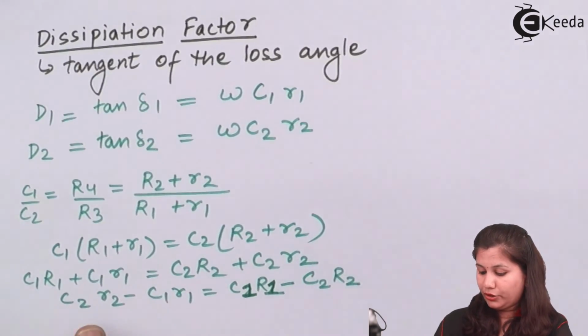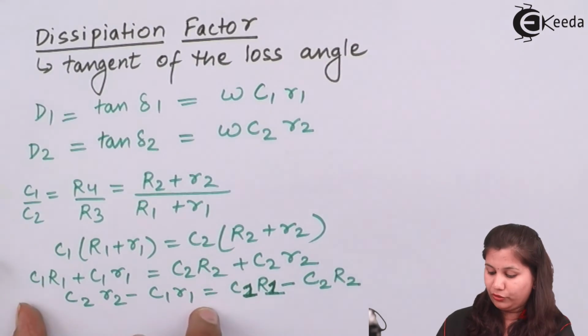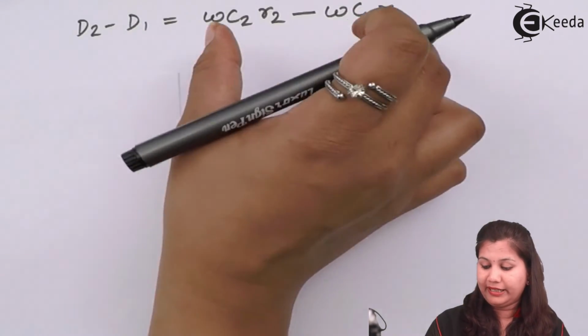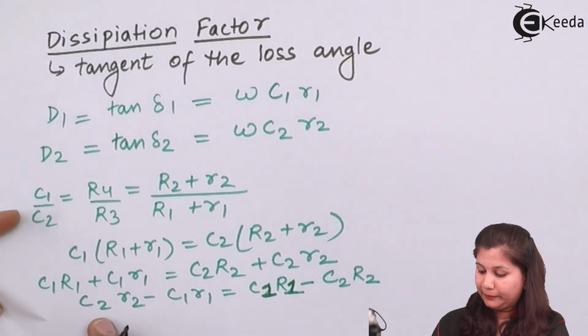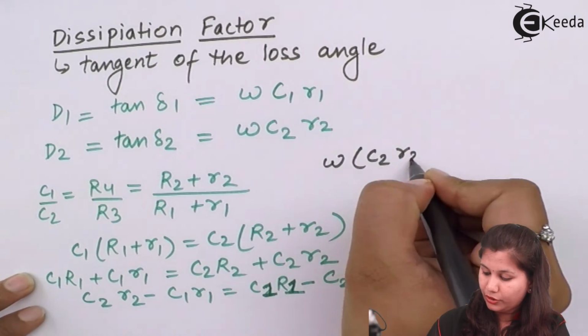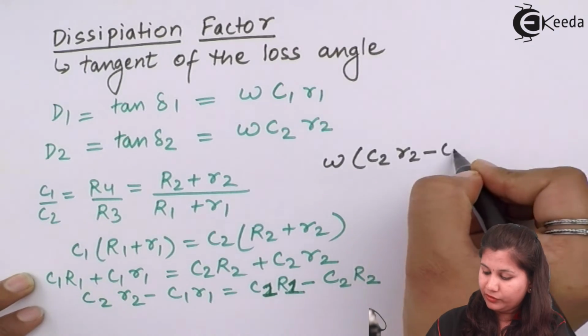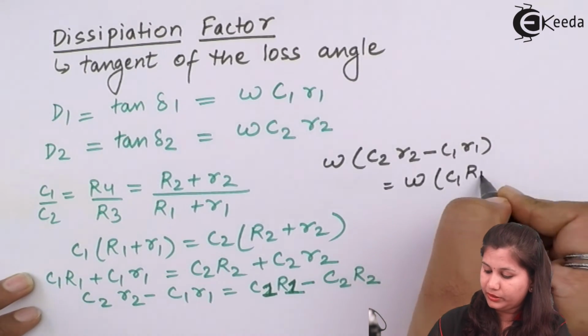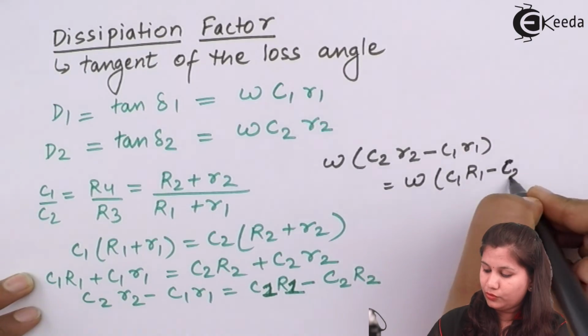Now C2 R2 minus C1 R1 we have already got. So if we multiply this whole equation by omega, we will get omega C2 R2 minus C1 R1 equals omega C1 R1 minus C2 R2.